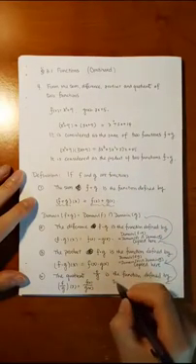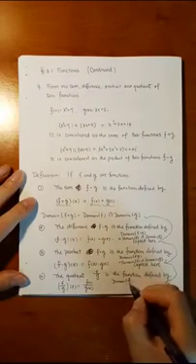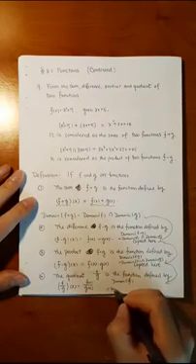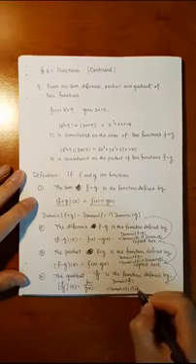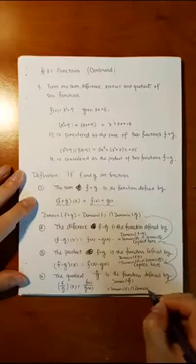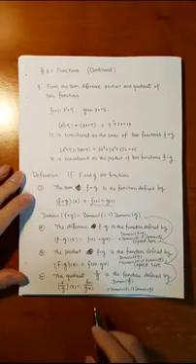Here the domain of f over g is equal to the domain of f intersect the domain of g. One more thing, you have a denominator.